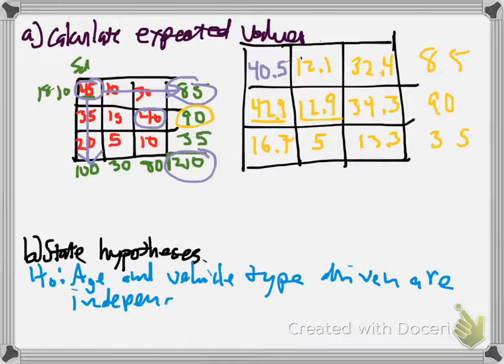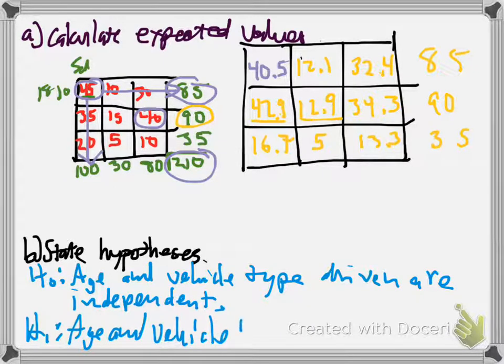Versus, well, not H0, the alternative, that we can write this out, age and vehicle type driven are dependent. Sorry, that's supposed to say dependent.